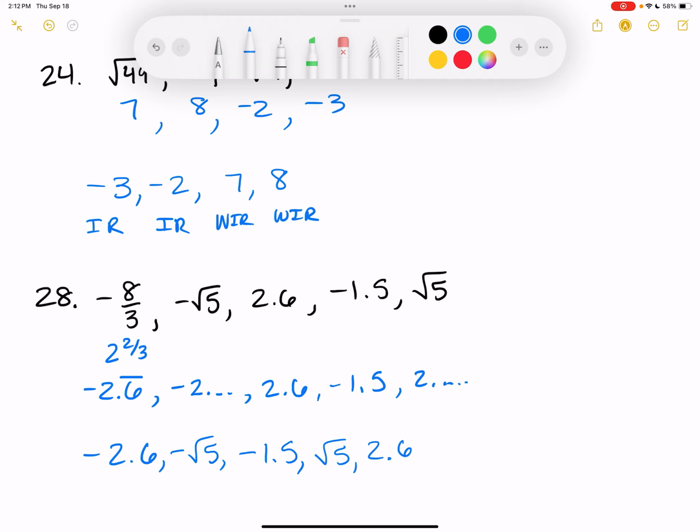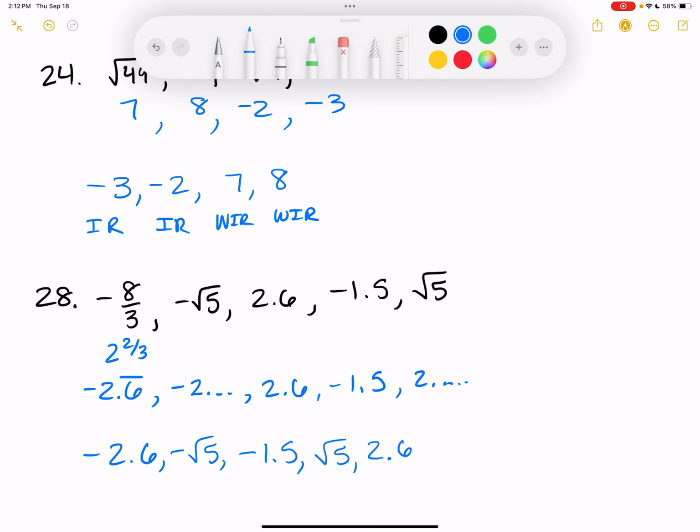If the number was closer to 9, like if it was the square root of 8, it probably would be on the other side of 2.6, okay? But if it's just the square root of 5, that means it's just a little bit bigger than the square root of 4, which we know is 2, okay? So the 2 point something comes before 2.6. Oh yeah, you already did that. Okay. Yeah, I just wrote it as a square root.